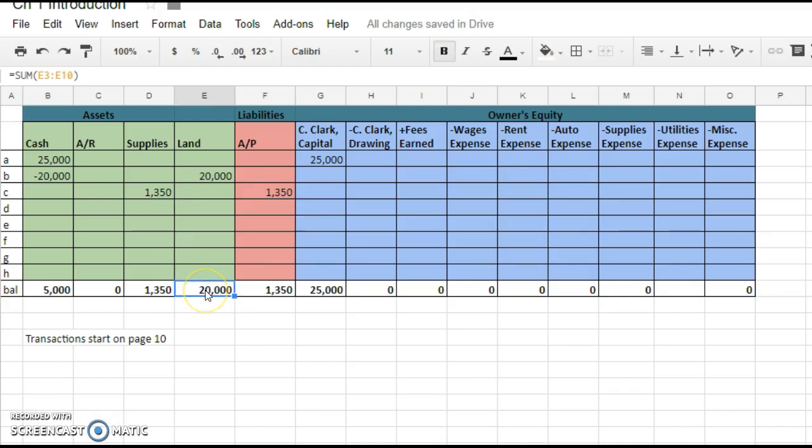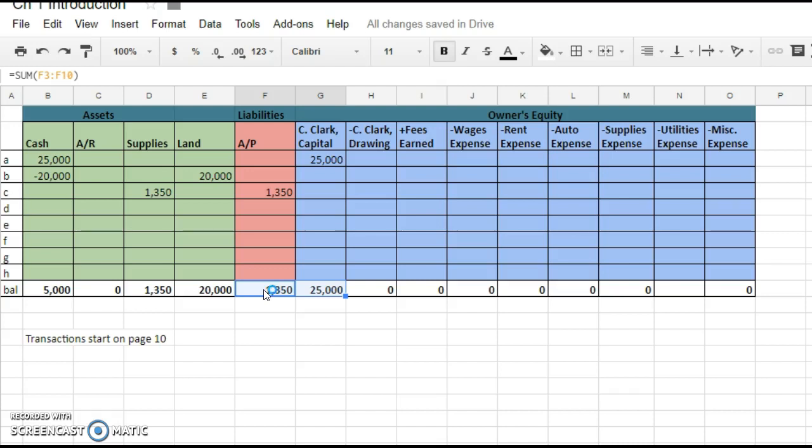And if you look in your bottom corner of your screen, you will see the total, if I highlight these, equals $26,350, and on the other side of the accounting equation, these two equal $26,350. So you should always be making sure that your assets equals your liabilities plus your owner's equity, and a balance. Okay?